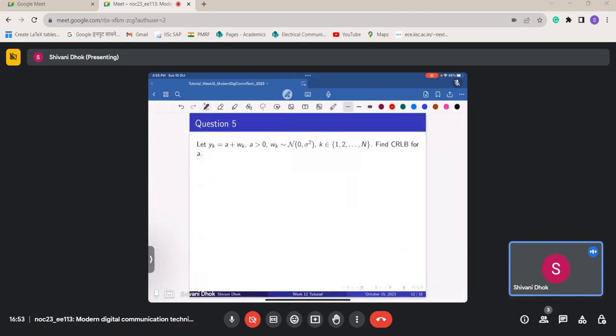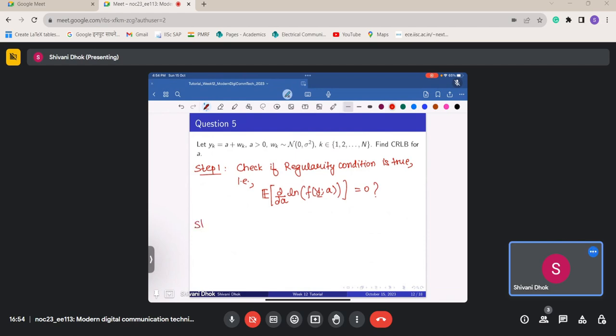Step 1: check if the regularity condition is true, that is, whether the expectation of the differentiation of the log of the likelihood function is 0.